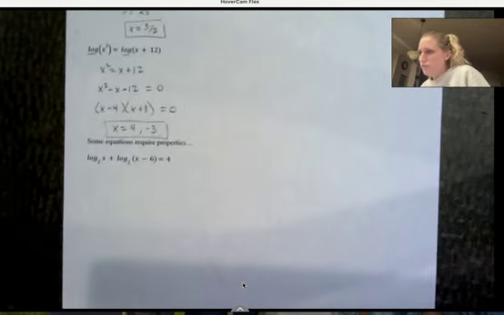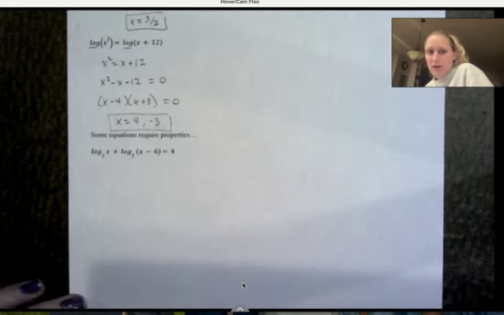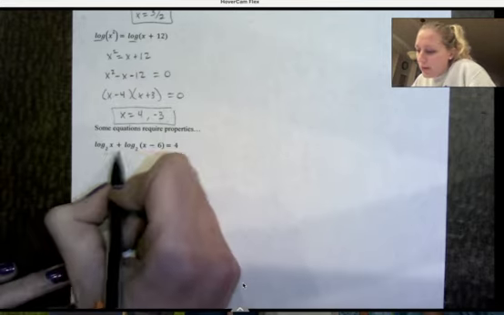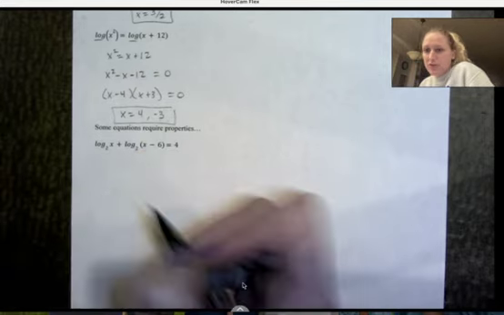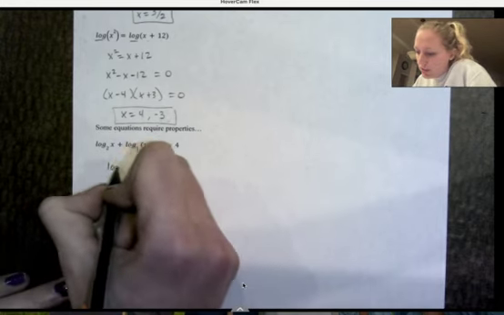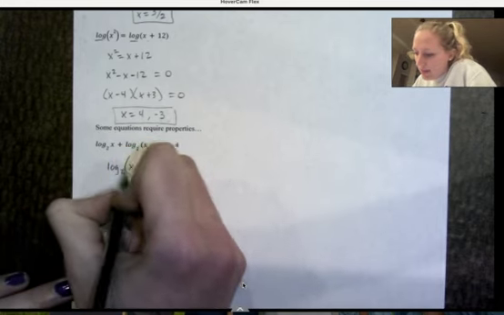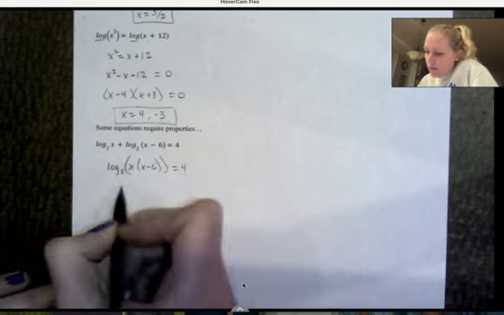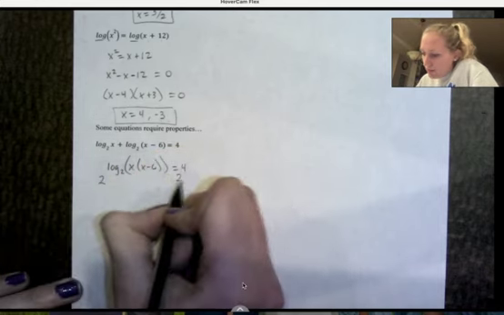Now sometimes when you are solving a log equation, if you have multiple logs on a side, you want to condense them first. So when I add 2 logs with the same base, I can rewrite it as multiplication. So this is log base 2 of x times x minus 6. Okay, so now I can apply my exponential of base 2 to both sides.